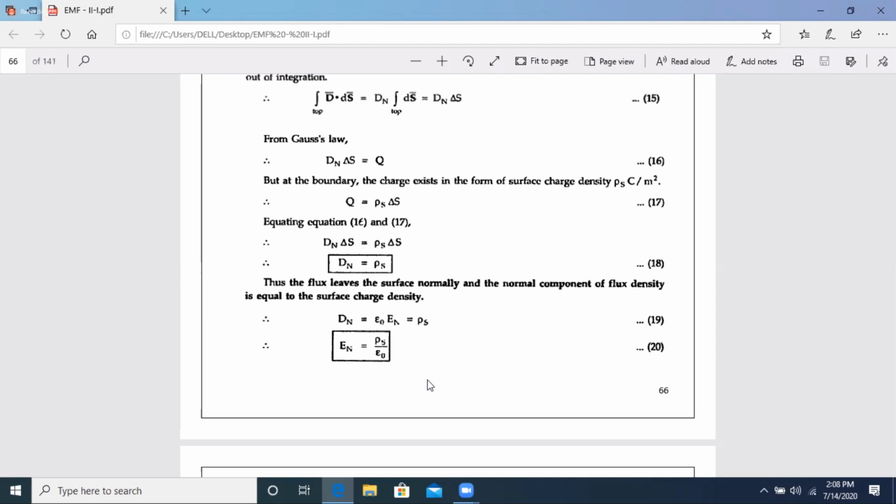You are given E1. What is E tangential 1? E1 minus E normal.